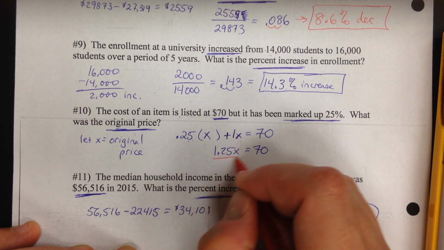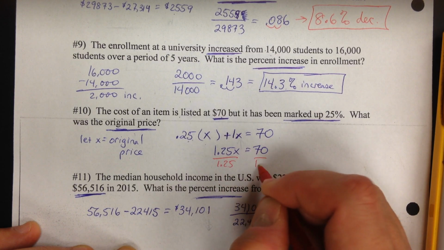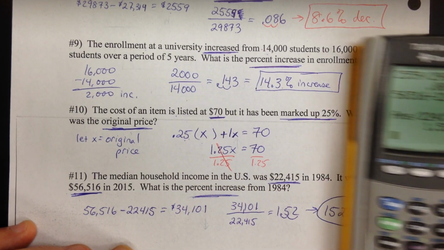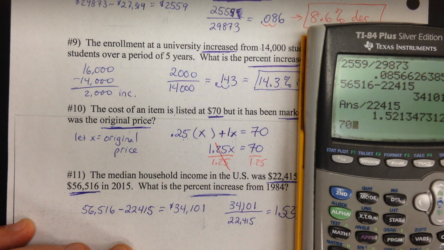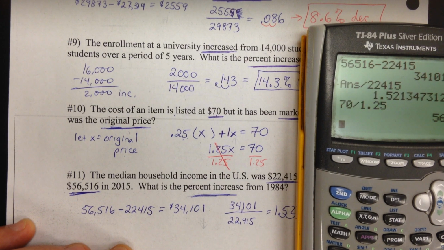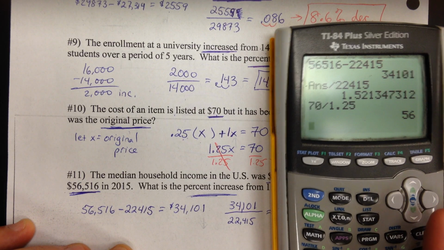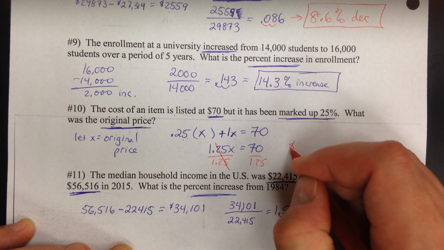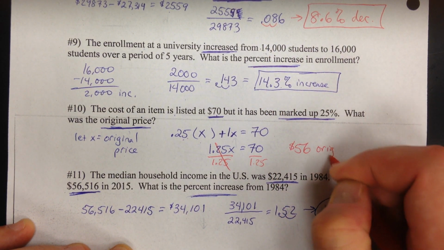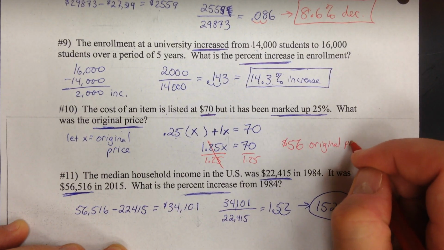Now how do I solve that equation? I divide by 1.25. So 70 divided by 1.25. The original price was $56. So $56 is the original price.